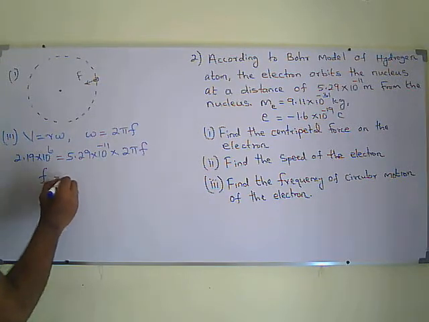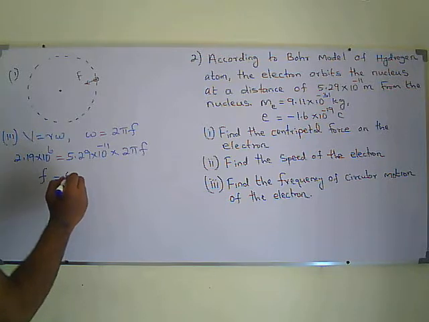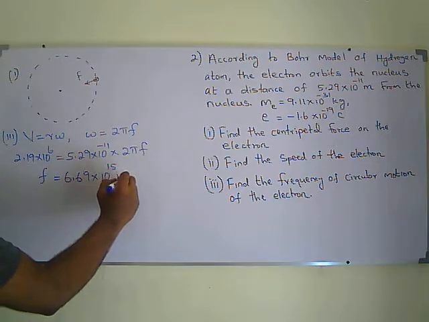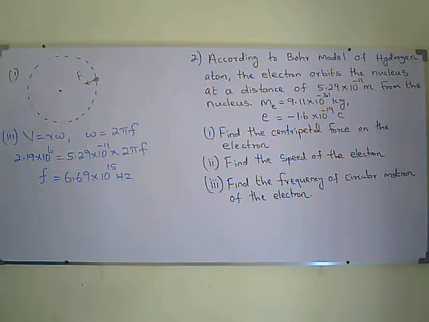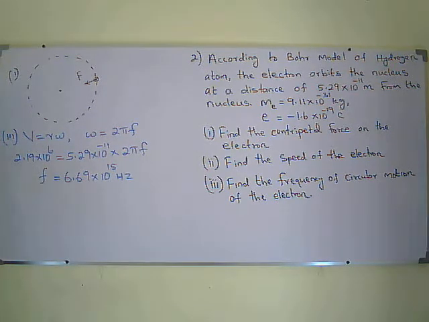Solve it, you will get the frequency of the circular motion, that will be almost 6.69 × 10^15 hertz. That means every second it will complete this much of circular motion around the nucleus.